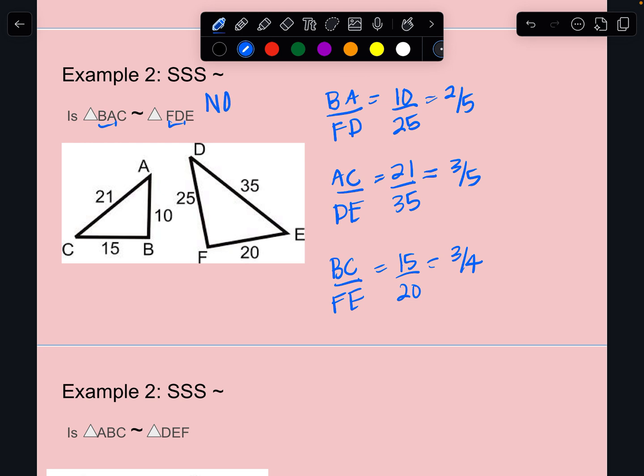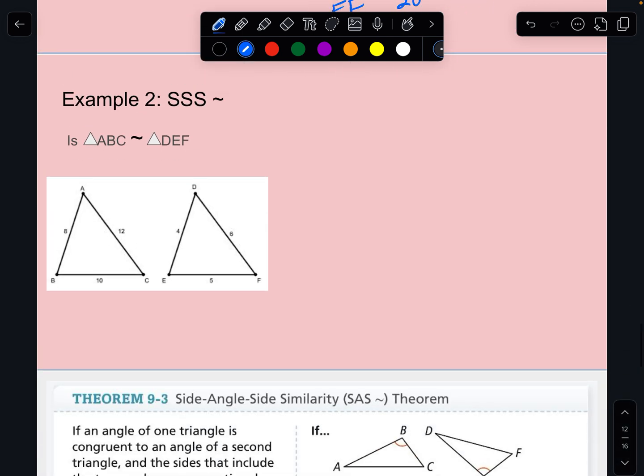So no, those are not similar because we do not have 3 pairs of proportional sides. All of these would have to give us the same answer in order to say that they're similar. Let's look at this one. AB over DE, BC over EF, and AC over DF.